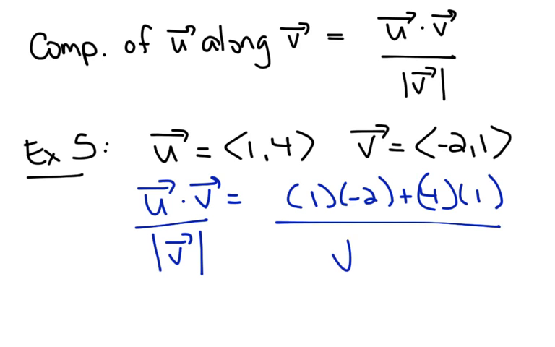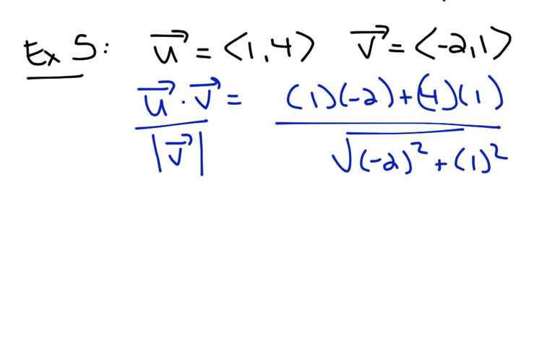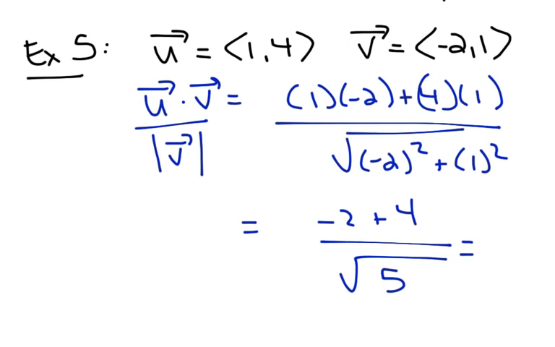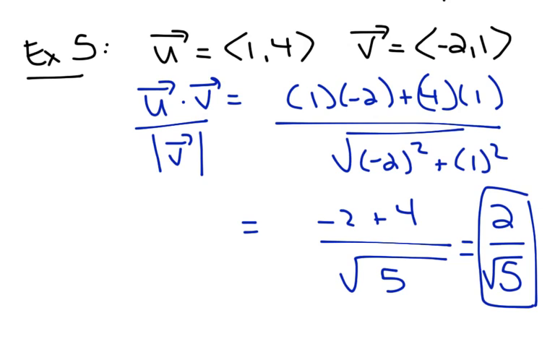And the magnitude of v is the square root of negative 2 squared plus 1 squared. So the numerator is negative 2 plus 4, and the denominator is the square root of 5. So 2 over the square root of 5 would be the component of u along v. And if you want to turn that into a decimal, that's cool. The answer would be about 0.89.